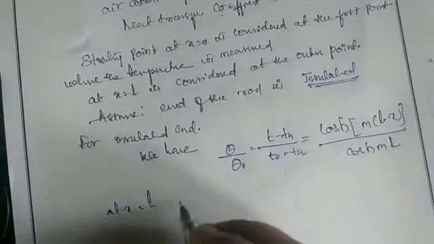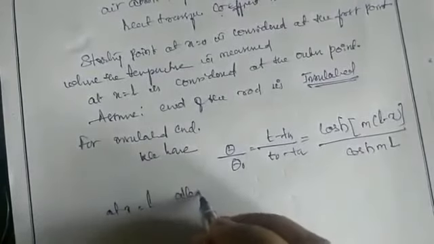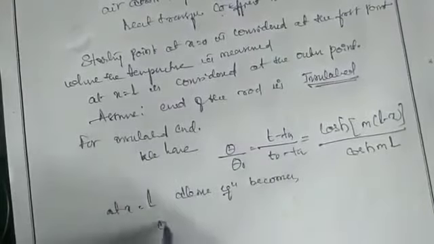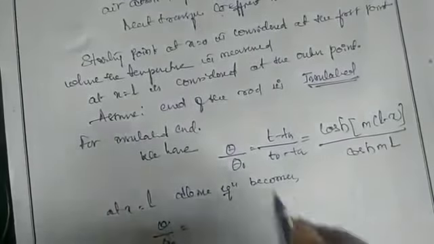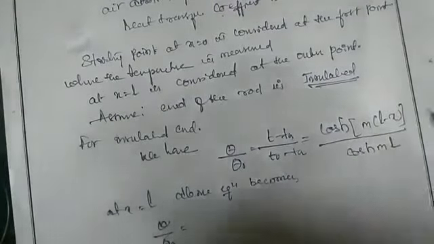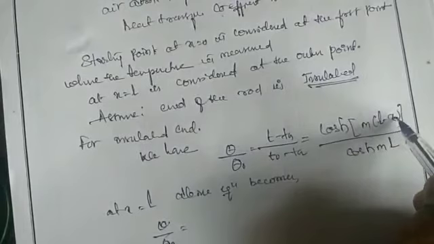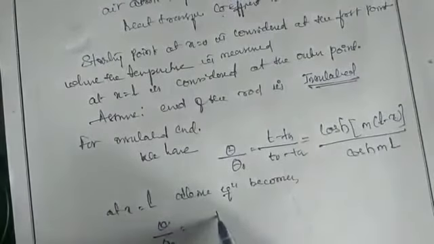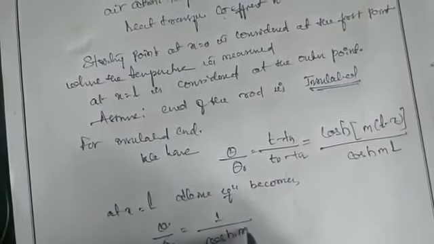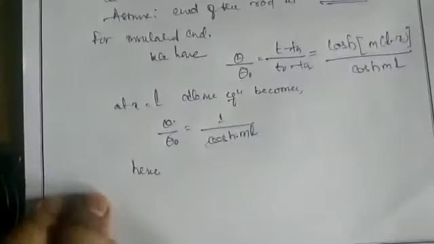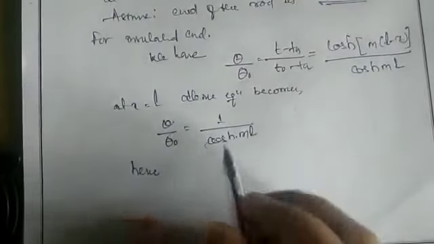The above equation becomes, if you substitute L minus L, 0, cos hyperbolic 0 is 1, divided by cos hyperbolic mL.